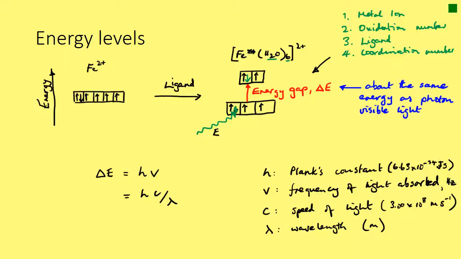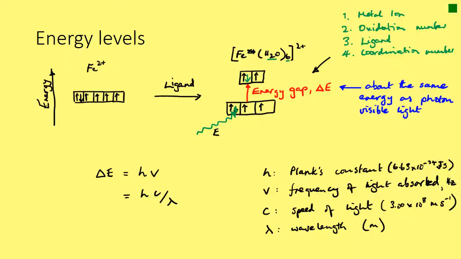But for now, what you need to learn is that it's the ligands that change the energy levels of the orbitals, and the energy gap that results is about the same as the energy of a photon of visible light. So when the photon hits one of those electrons, it can promote it up and therefore absorb that visible light photon.